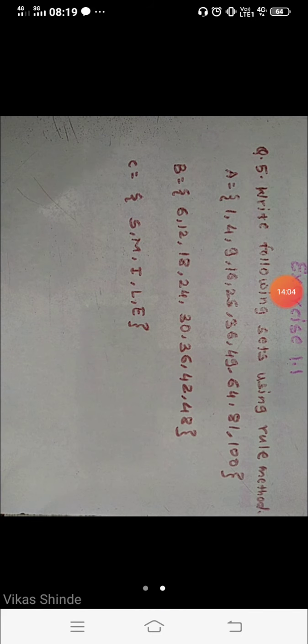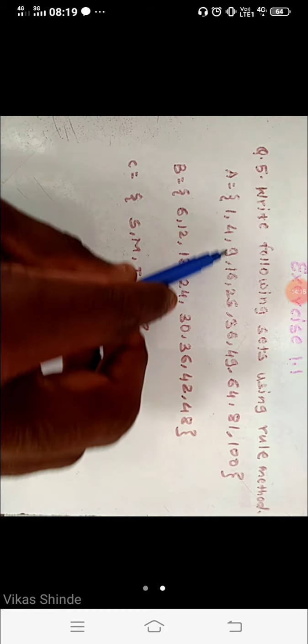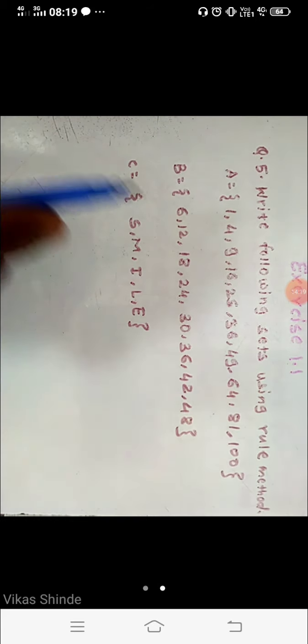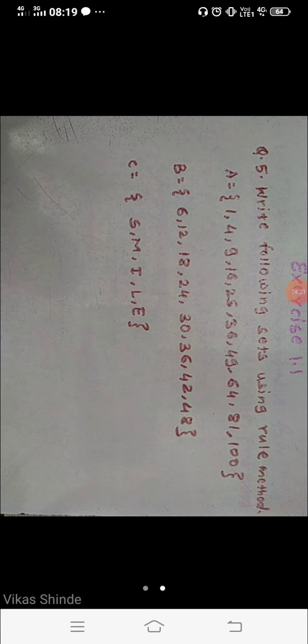Okay student, now look here, next question here, question number 5 from exercise 1.1. In this question, write the following sets using rule method. First, one set is given for us: 1, 4, 9, 16, 25, 36, 49, 64, 81, 100. If you look carefully, these numbers are the perfect square numbers.